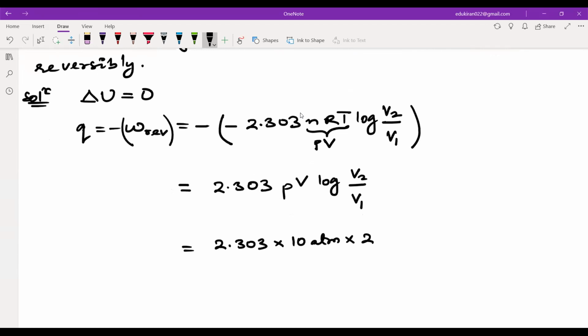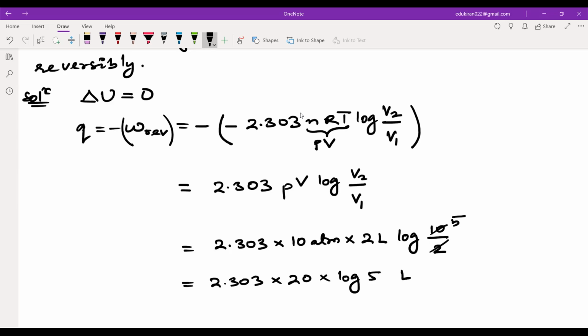Initially, the volume is 2 liters, right? And log of V2 upon V1. What is V2? V2 in this case is 10, right? 10 by 2. This will be log of 5, and this will be equal to 2.303 into 20 into log of 5 liter atm.